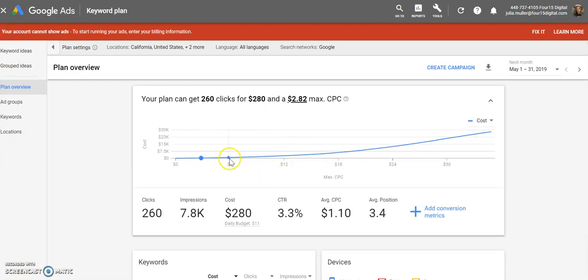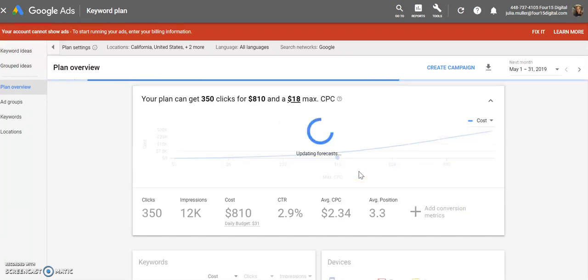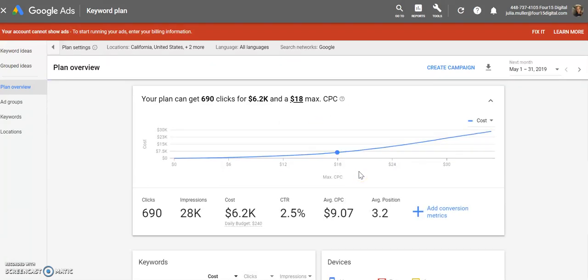For instance, if I wanted to bid up to $5.90, what the keyword planner will recalculate, given the two ad groups I have in my overview plan, is that if I bid $5.90 maximum, I will spend about $810 and get 350 clicks. So this is a way to start estimating what the degree of investment that these particular keywords will require from a business.